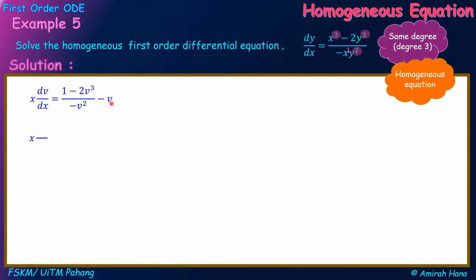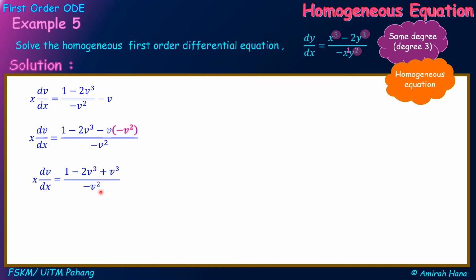From here, we need to standardize the denominator. So we get the right hand side equals 1 minus 2v cubed minus v times negative v squared over negative v squared. Then we simplify this. So we get x dv over dx equals 1 minus 2v cubed minus times minus equals plus, positive sign here, and then v cubed over negative v squared.